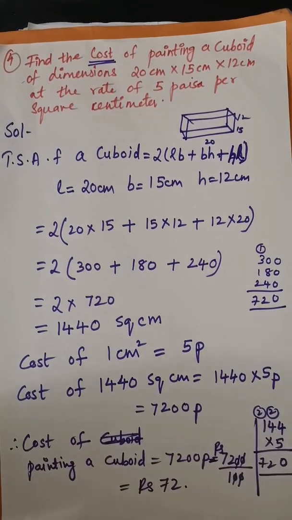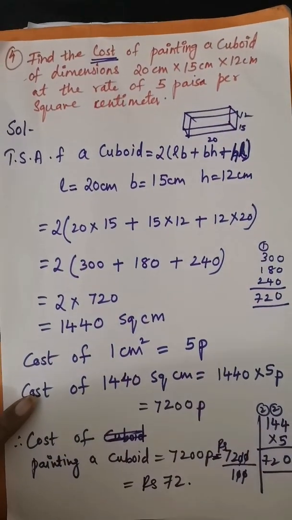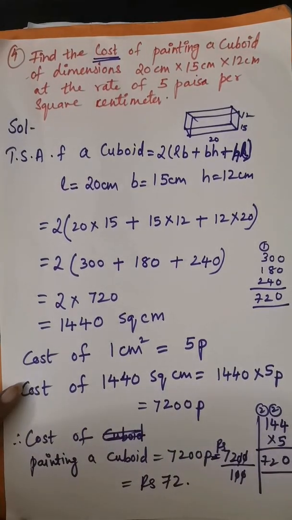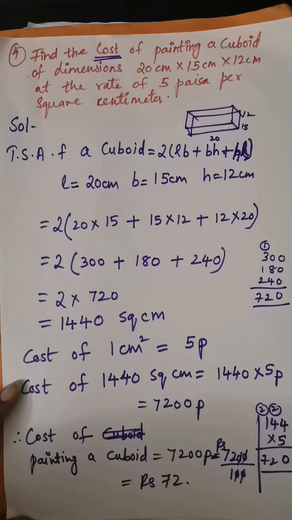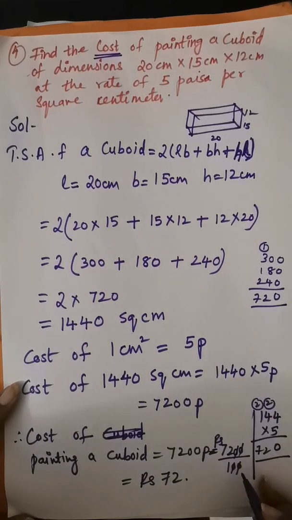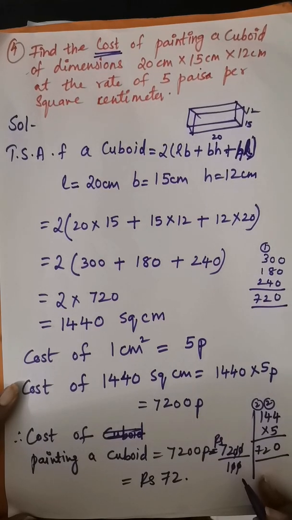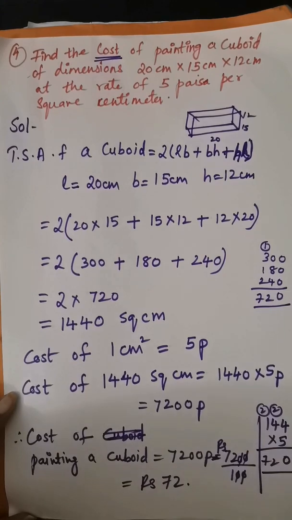The cost of painting a cuboid of dimension 20 into 15 into 12 centimeter at the rate of 5 paisa per square centimeter is 72 rupees. 7,200 paisa, if you want to convert it into rupees, you divide it by 100. 0 0 cancel.